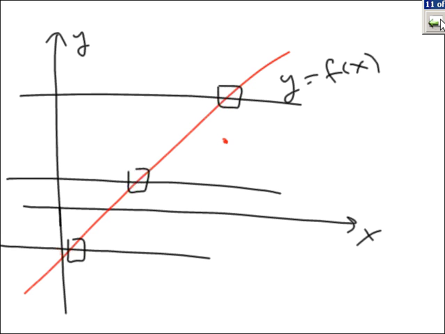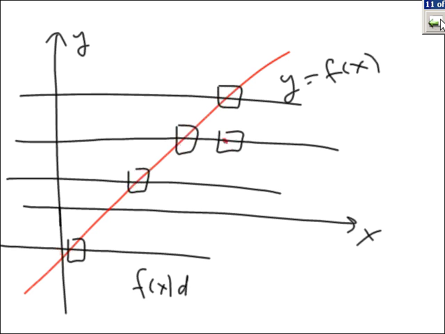But you know what? That horizontal line crossed in two places. Anything in red was part of the graph. f of x does not have an inverse.